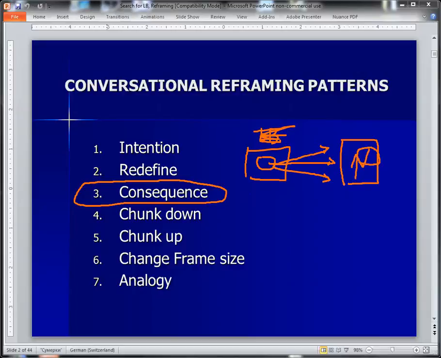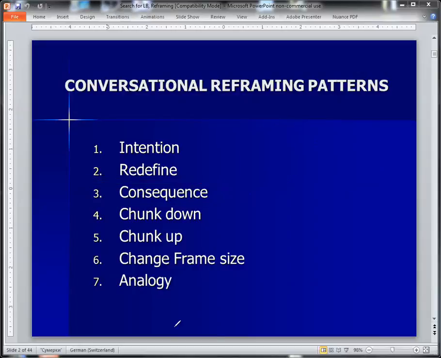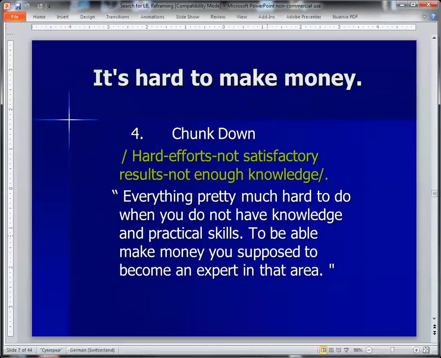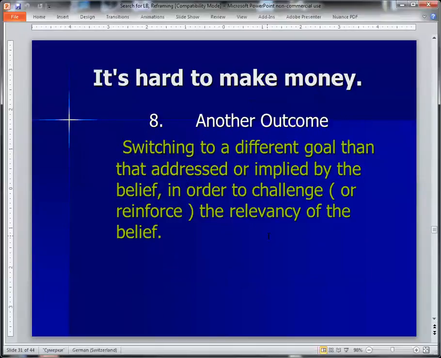So let me just remove this and let's see the definition, the way it was formulated by Robert Dilts. We are going into the 8. Another outcome: switching to a different goal than that addressed or implied by the belief, in order to challenge or reinforce.